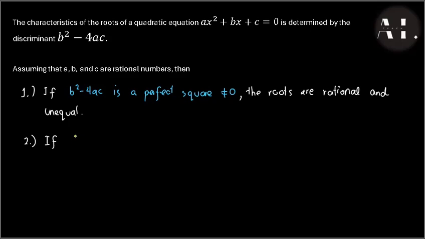Now, if b squared minus 4ac is equal to 0, the roots are rational and equal.